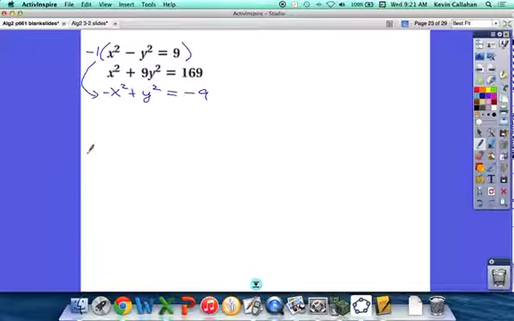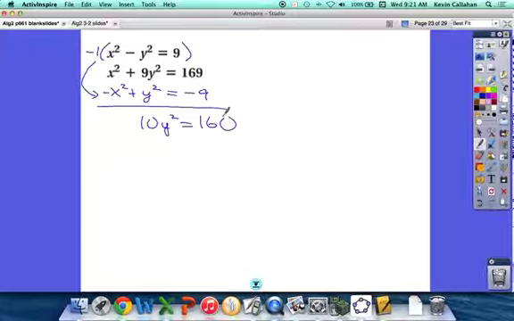Yeah, x squared, negative x squared. If I add them up now, it'll work. So add up the x's, cancel, eliminated. Add up the y's: 9y squared plus y squared is 10y squared. 169 plus negative 9 is 160.